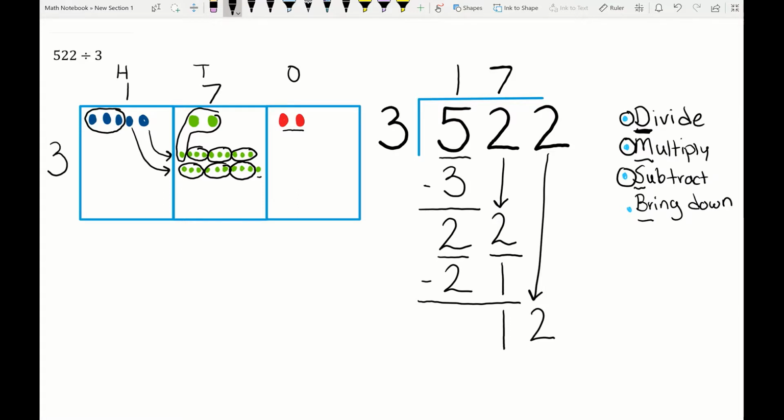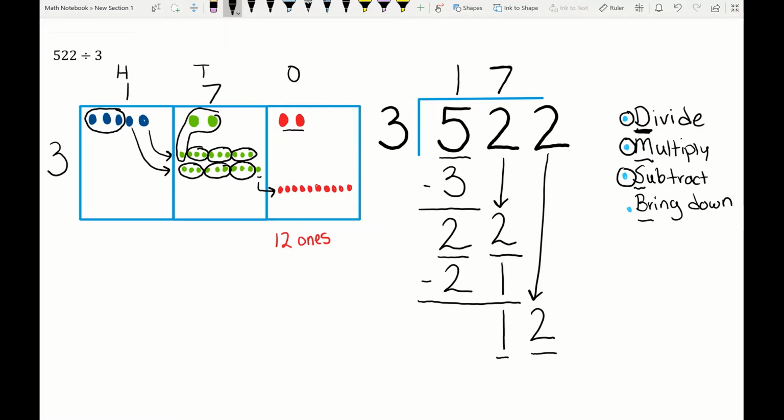I also have 1 ten and 2 ones. To continue making groups of 3, I'm going to regroup this remaining ten into 10 ones. I have 12 ones, just like I do in the standard algorithm.